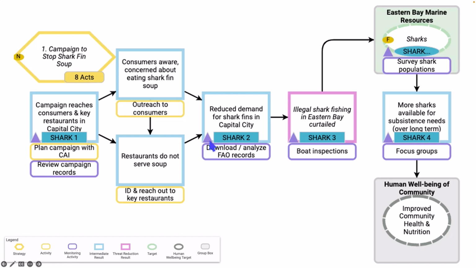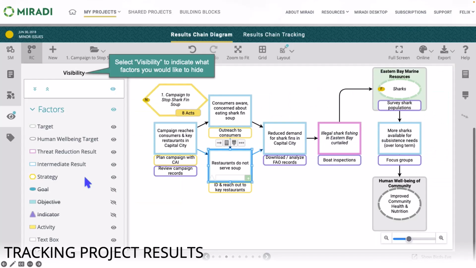The results chain diagram also includes a goal and an indicator on our conservation target, and implementation activities shown in these yellow bubbles, with monitoring activities shown in the purple. For our exercise, let's start by showing only the results chain without goals, objectives, indicators, and activities. You can do this by selecting Visibility to indicate any factors you would like to hide.